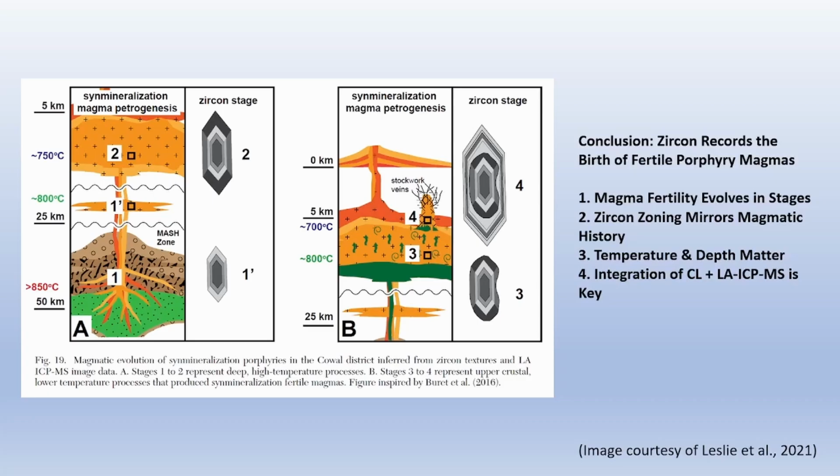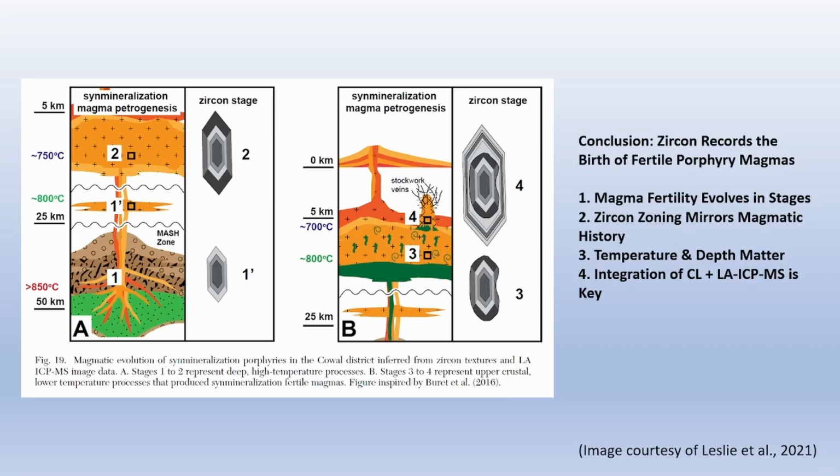Here we have the final slide, which is a conclusion of what we saw in this paper. So, how do porphyry copper gold systems come to life? We have stages 1 to 2, which are located within the deep crust with temperatures of more than 850 to 750 degrees.